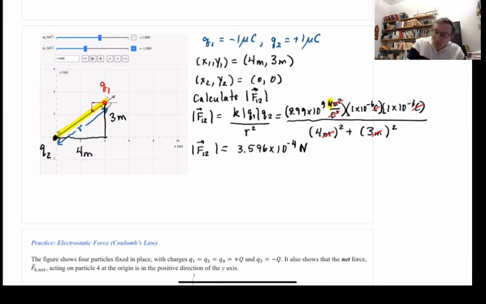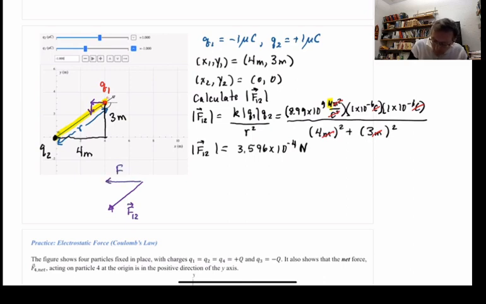But now I also want to calculate the x and y components of that force. There's the x component right there. There's the y component. Or if I just come down here below and draw the force triangle, F12 is going down and to the left.